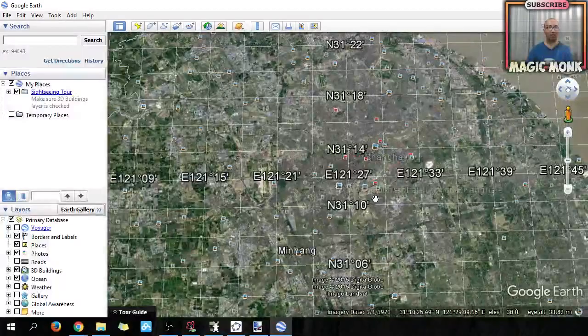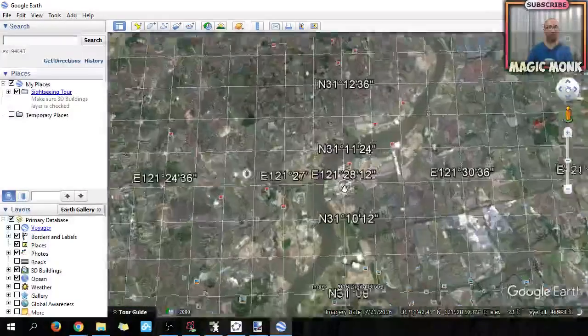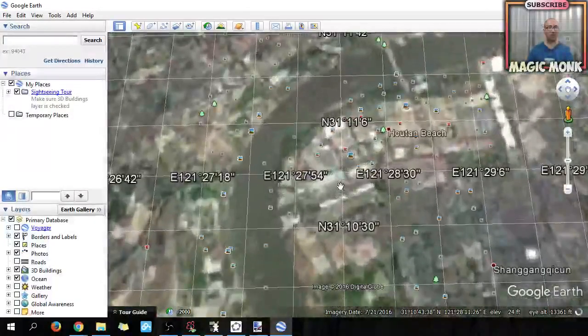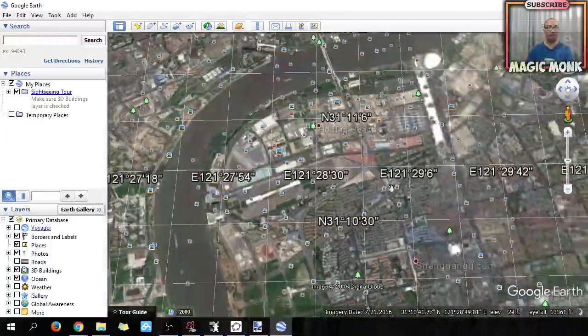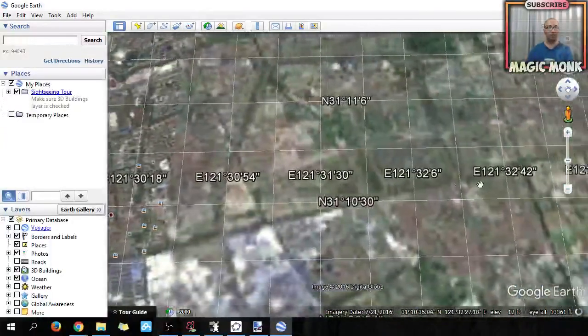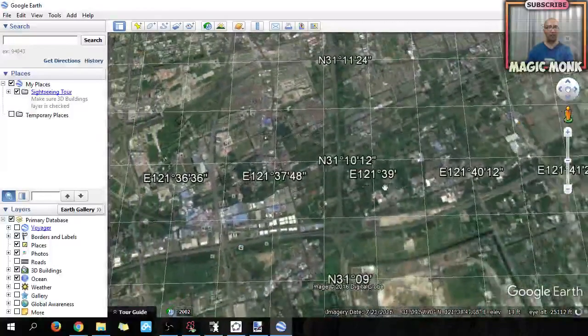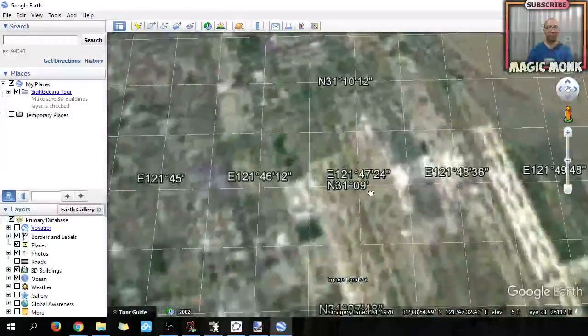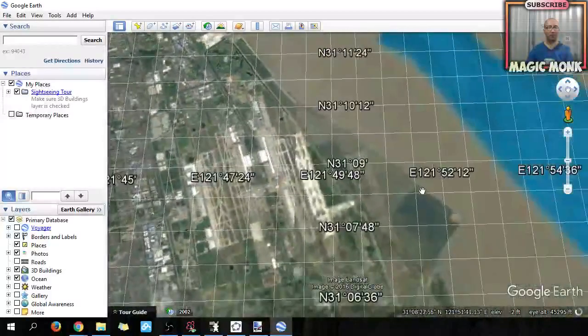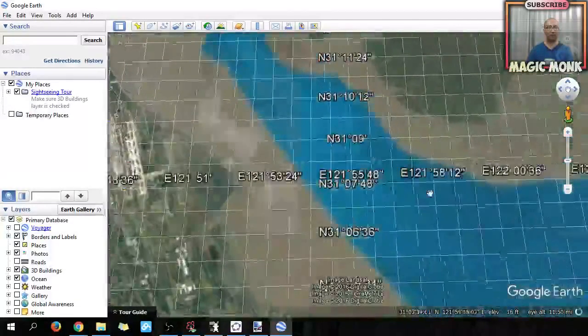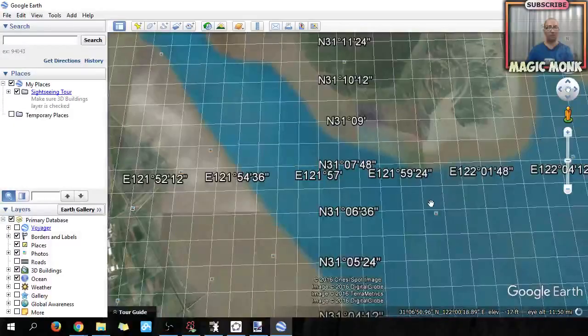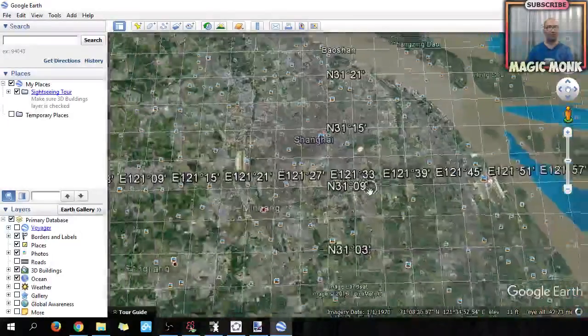So 121 degrees, 28, 29, 30 minutes, and when it goes up to 60, it'll jump to 122. Yes, Google Earth uses degrees, minutes, seconds.